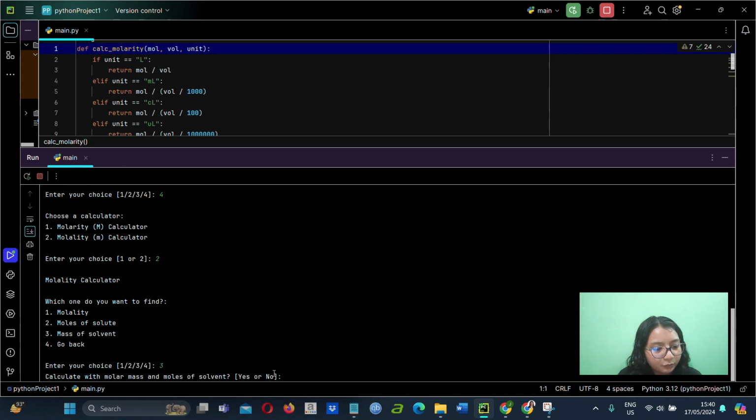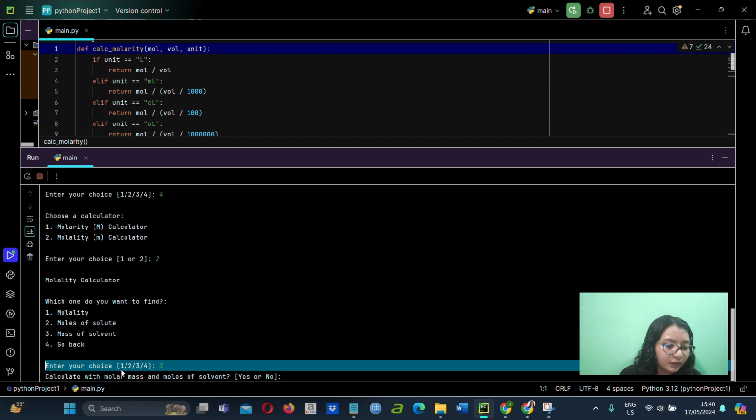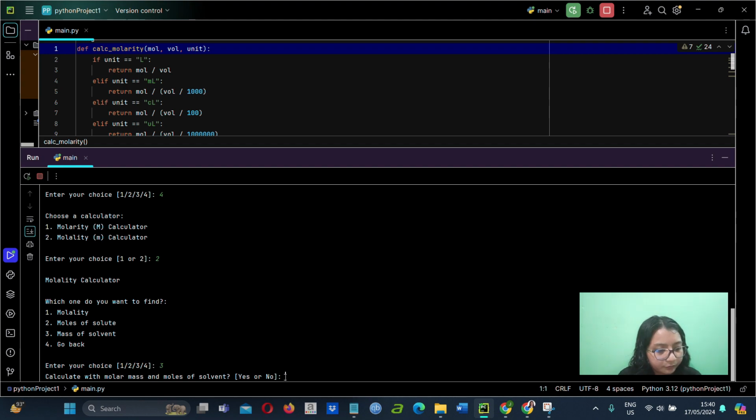In molality problems, sometimes the moles of solute is not given explicitly. So the students need to find it first by calculating with the molar mass and the mass. There is an option here to calculate with them or not. Let's say that in a problem they need to calculate with them. So let's just enter yes here.